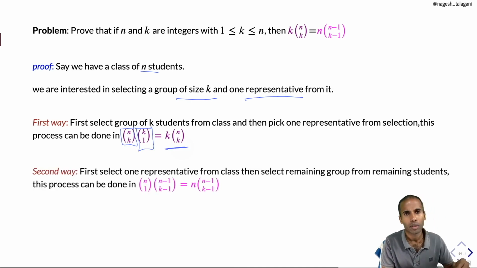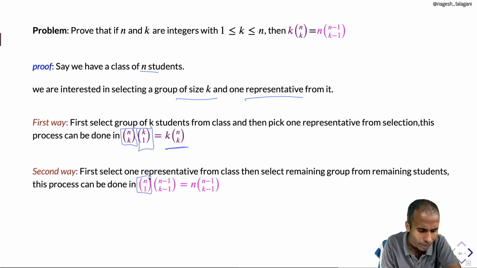Second way is, first you pick the representative from the whole class, then form the remaining group. First you pick a representative from the whole class. This can be done in n choose 1 ways, then form the remaining group from the remaining n minus 1 students. This can be done in n minus 1 choose k minus 1 ways.